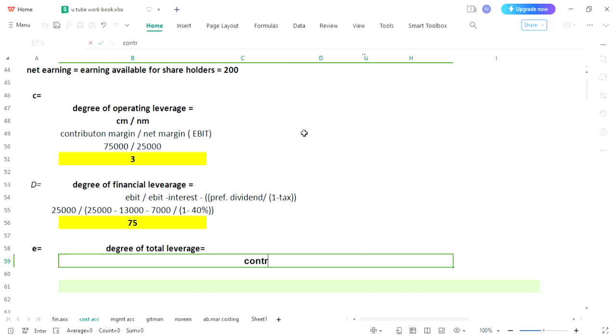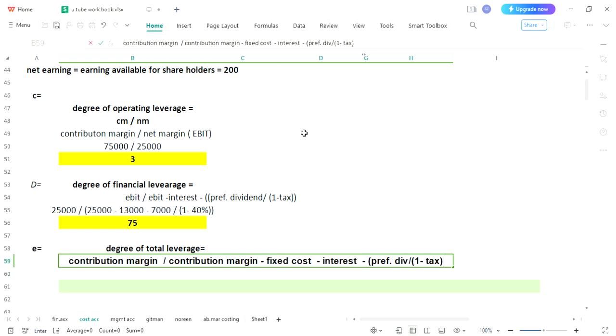First thing we need is contribution margin, and then you will divide it by, again, contribution margin, subtract fixed cost, after which you will subtract the amount of interest, and then you will subtract preferred dividend, but by dividing it by 1 minus tax rate.